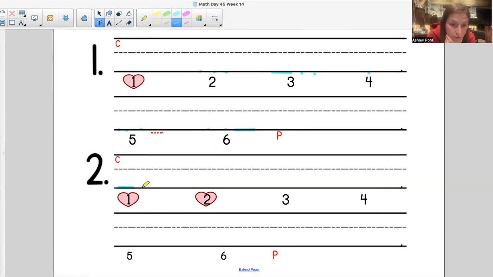So the A, R. Remember our R, how to spell it, 3 letters.